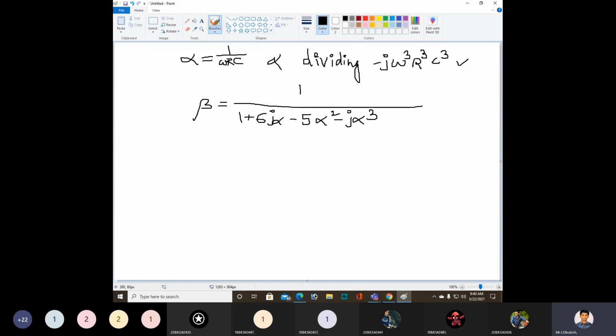Alpha is nothing but 1 by omega rc. And because we are dividing by minus j omega cube r cube c cube, in this place we are getting 1.